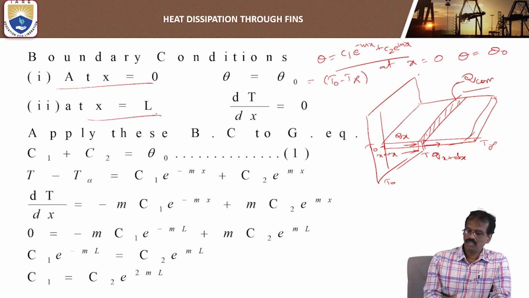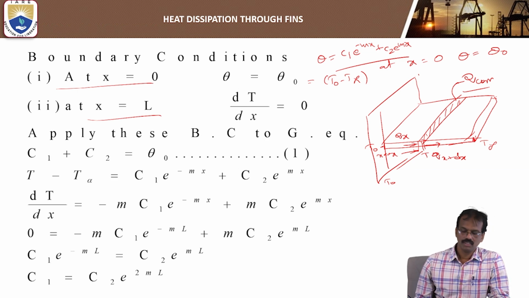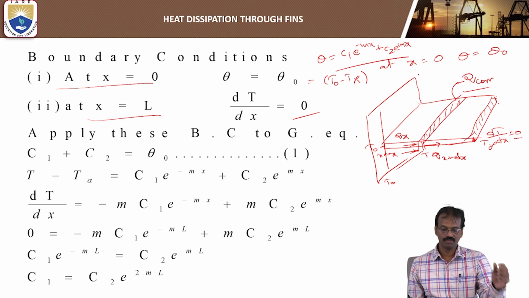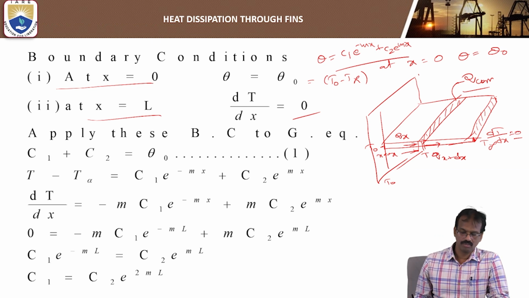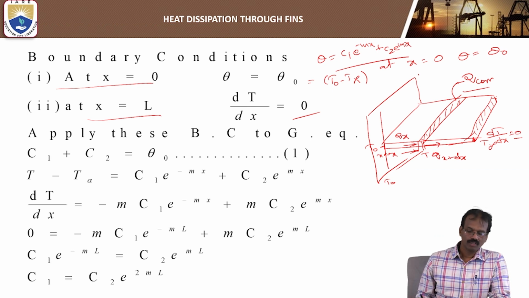At x is equal to L, at the end of this length of pipe, the condition is the temperature gradient with respect to x, dT by dx, is equal to 0, because it is an insulated end. At the end portion, it will act as an insulating end. Okay, heat transfer rate is nowhere at that one.